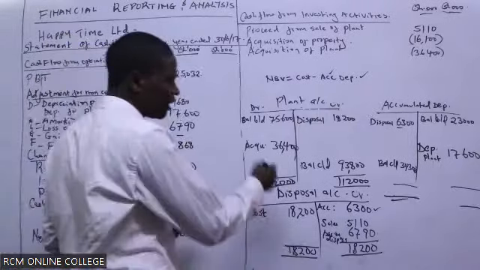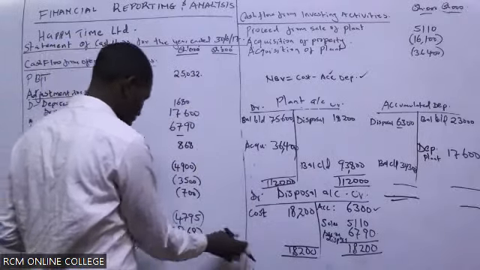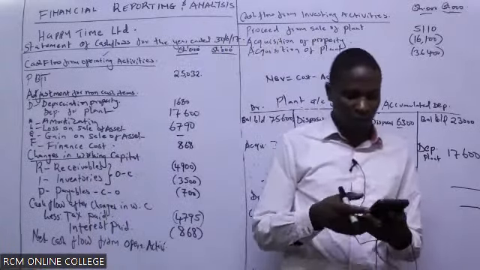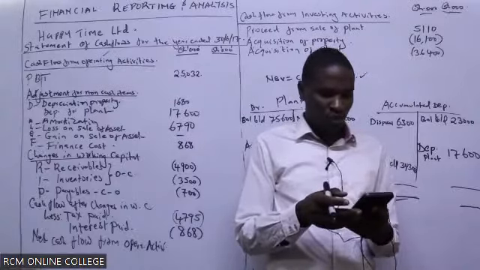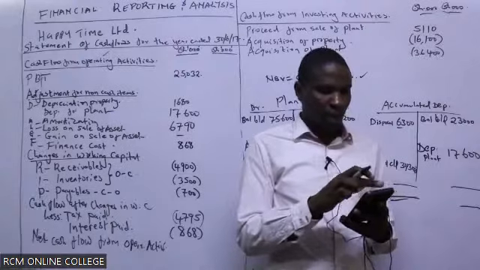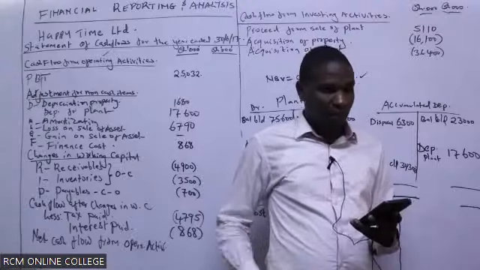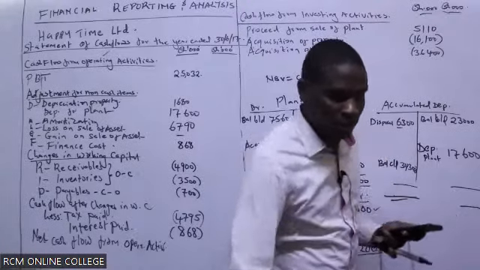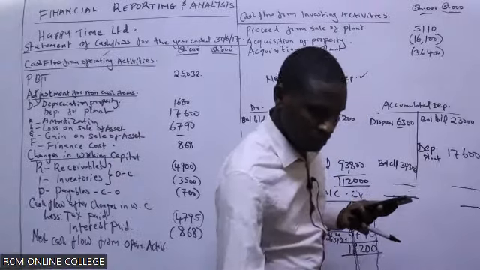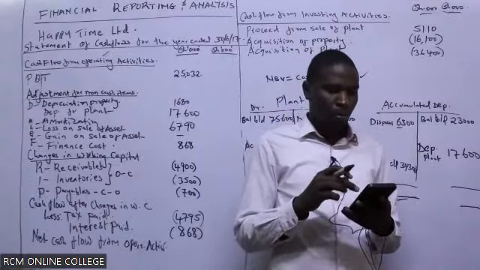So can you add me all these from here to get our net cash flow from operating activity, because I can see that we don't have the gain here. Add for me all those. Oops, what's happening here? So, all right. So add for me, we get net cash flow from operating activities.